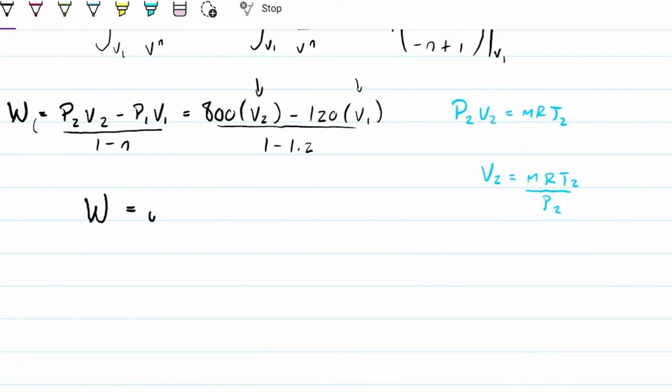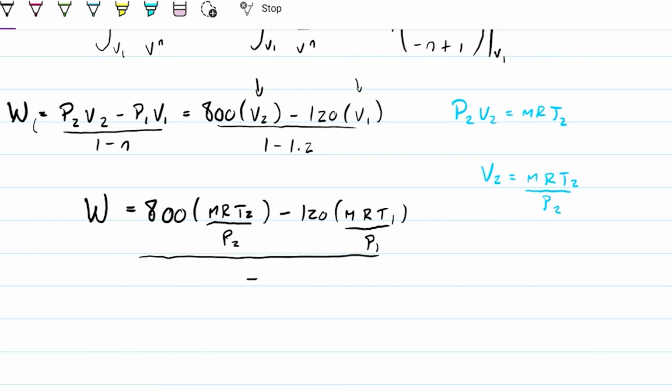So this is 800 times M R T2 divided by P2 minus 120 M R T1 divided by P1, and this whole thing is divided by negative 0.2. What happens here? Note that the mass and the R's are the same for both situations. It doesn't change.